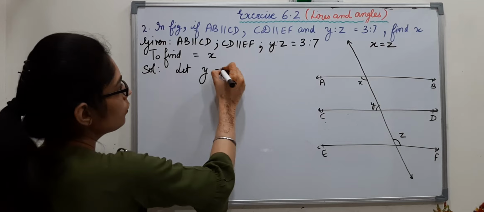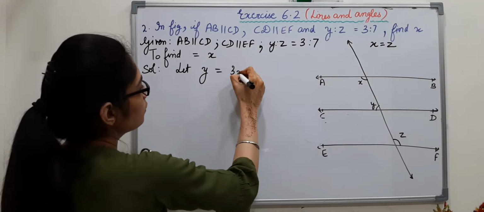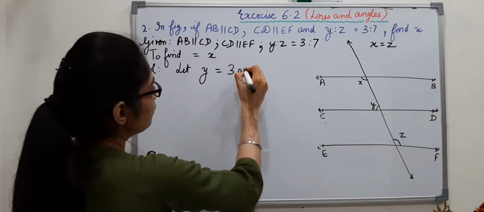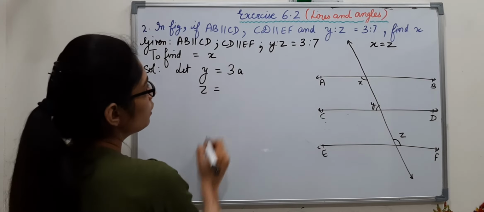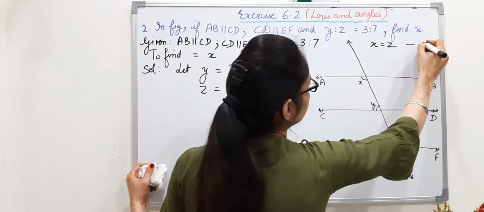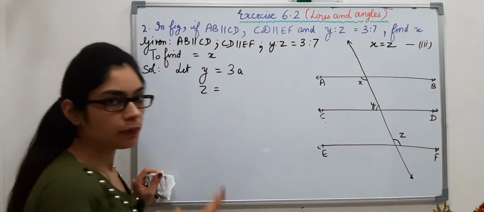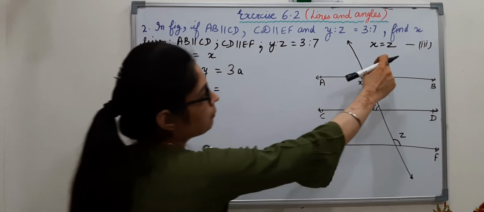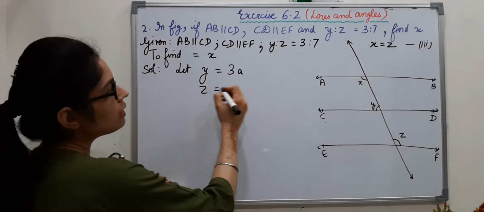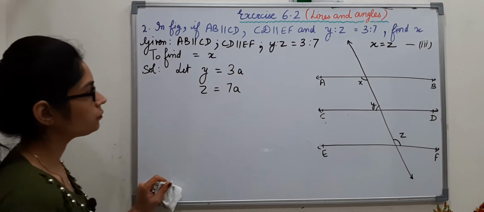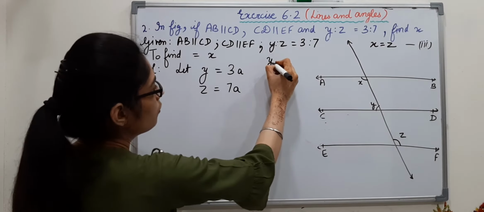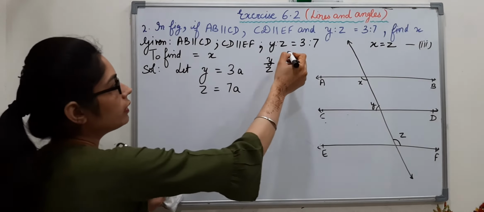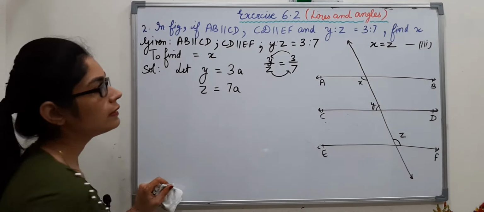Let y be equal to 3a, and z is equal to 7a, we will name it as point number 3, because point 1 and 2 we have already used at the starting of the question. This ratio is given as 3:7, so in front of y 3 is written and in front of z 7 is written.